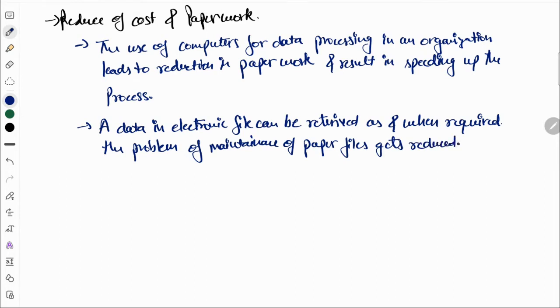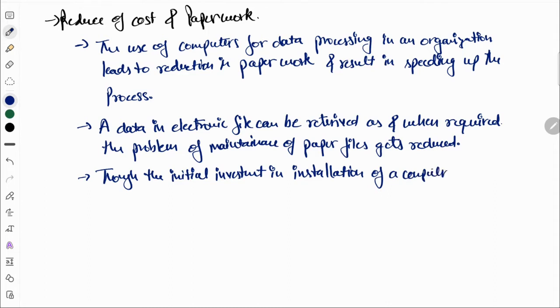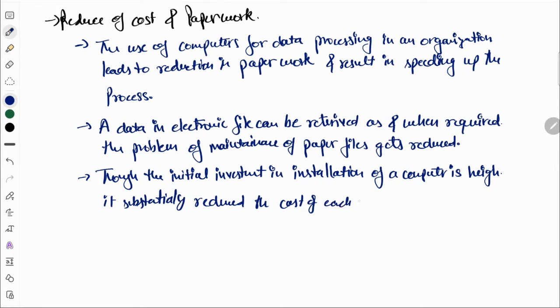Though the initial investment in installation of a computer is high, it substantially reduces the cost of each of its transactions.